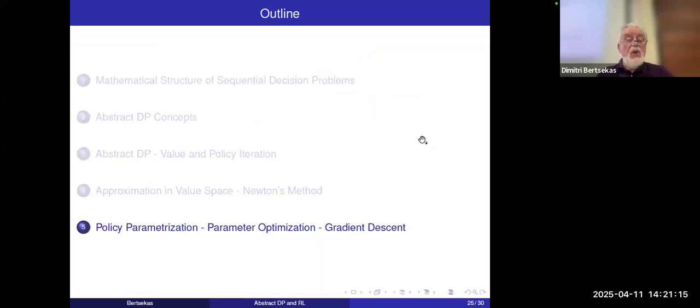Okay, so I have a few more slides on approximation in policy space. Remember, there's a bifurcation in reinforcement learning between approximation in value space, which is what I've talked about so far, and optimization in policy space, where we parameterize the policies, and then we optimize the parameter to obtain an optimal policy within the parameterized class.